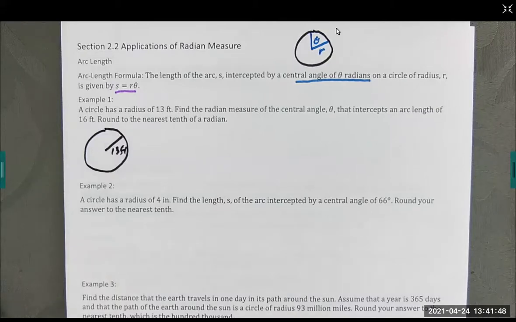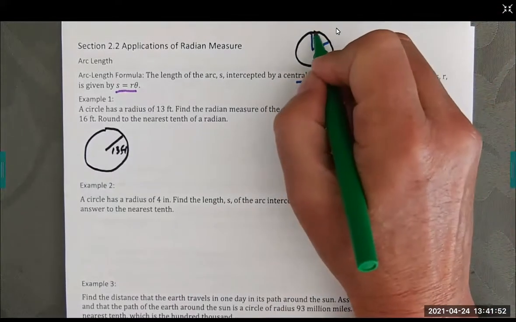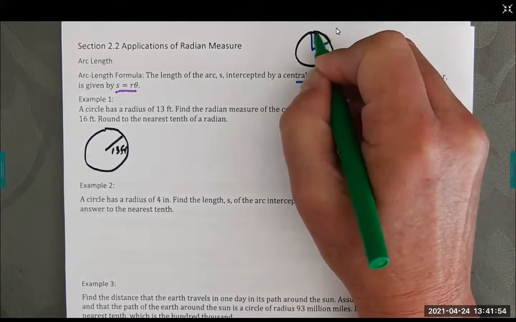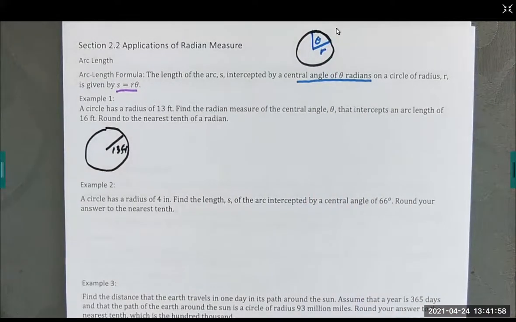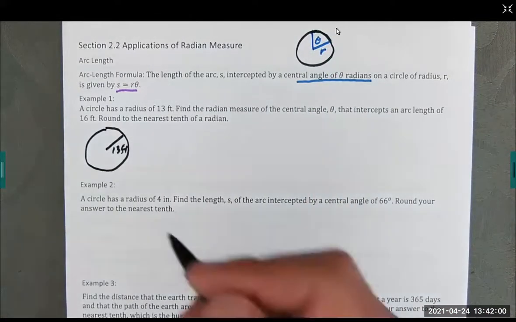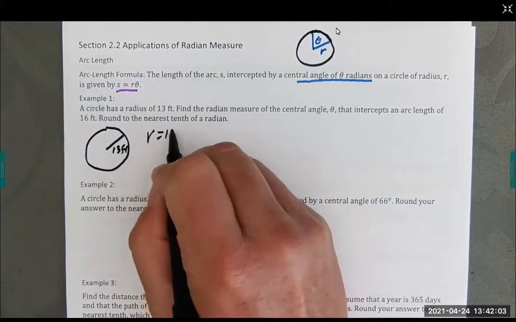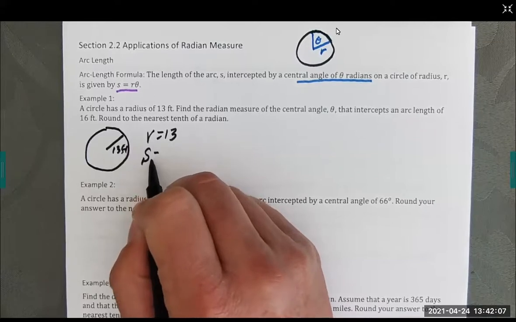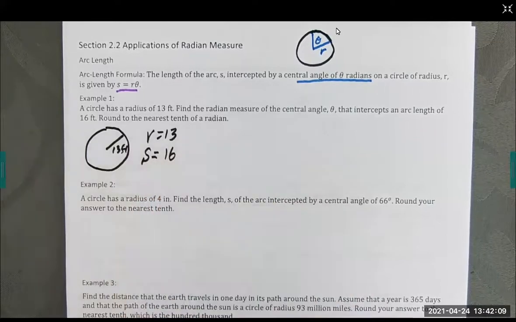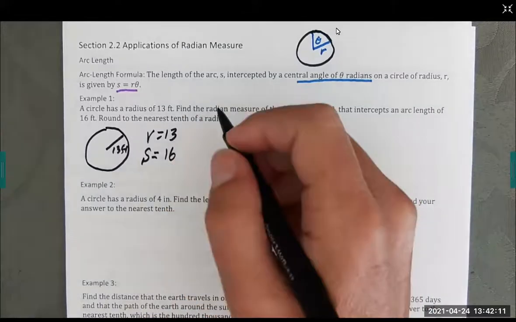I want to emphasize once again, when we're talking about arc length, we're talking about the distance from here to here, based on r, based on theta. So we have a radius of 13, and we have an arc length already written out for us of 16. And they're both in units of feet, which is nice. We don't have to do any converting.